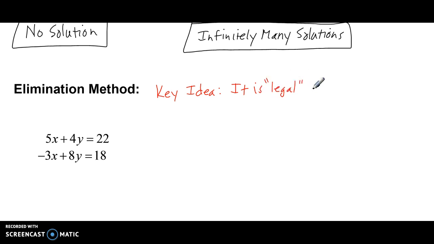It just doesn't work. So in this pair of equations I have here, I could theoretically just add the two equations together, straight up and down. So I would have 5x minus 3x is 2x, 8y and 4y makes 12y, 22 and 18 makes 40. But that doesn't really accomplish anything useful.